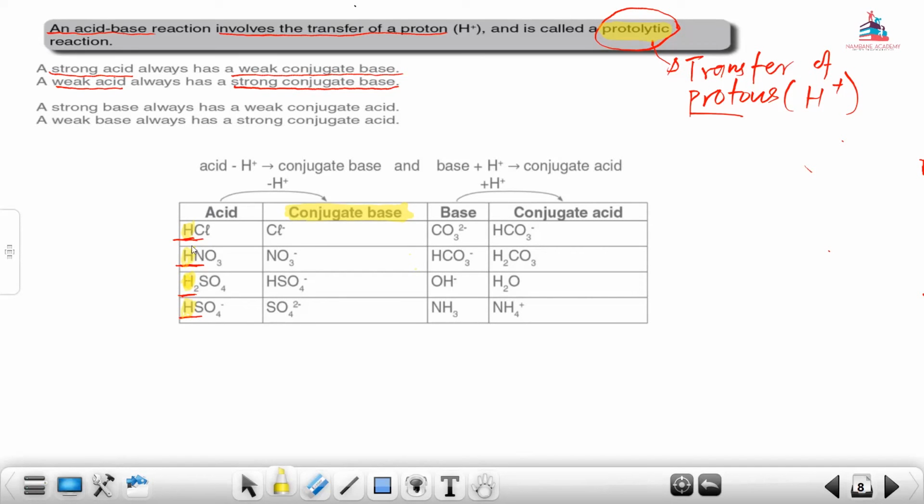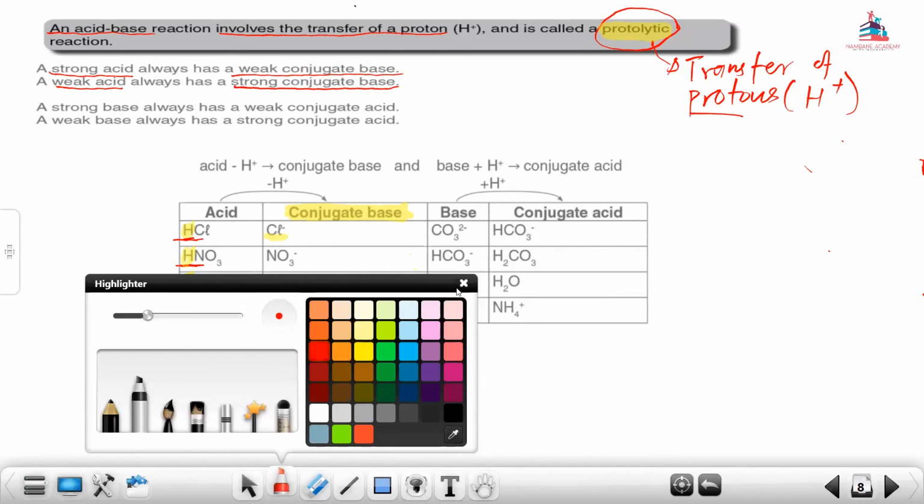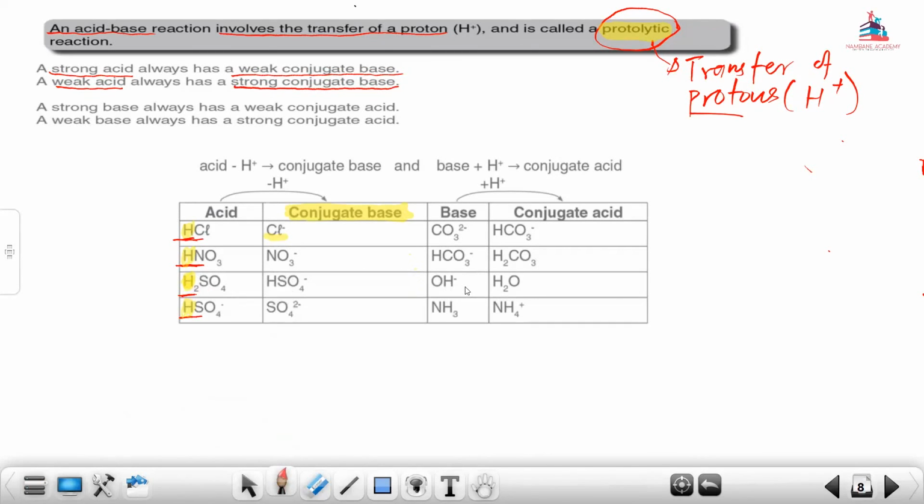So if I am looking at HCl, if the H is donated because we have an acid which is a proton donor, what is left will be Cl, and that Cl will become my conjugate base. If I have HNO3 and it loses a proton, it will definitely become NO3 minus.